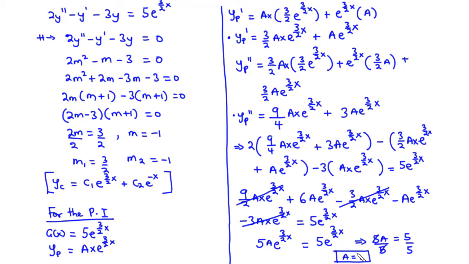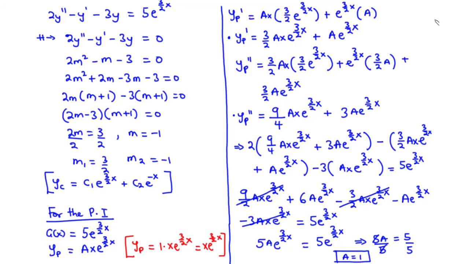Now if a is equal to 1, what this means is that we have yp to be equal to 1 times x times e to the power 3 over 2x. Therefore we have yp equal to x times e to the power 3 over 2x. This is yp.